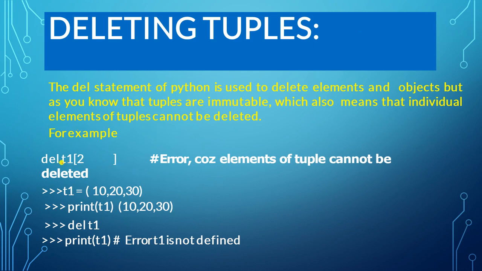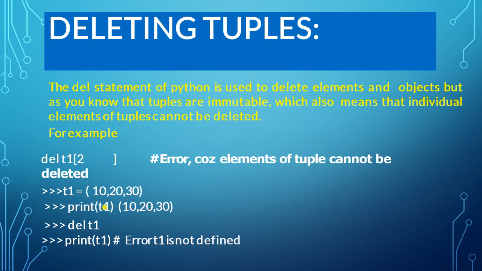For example, if you try to delete the element T1 at index 2, it will give you an error because the elements of a tuple cannot be deleted. Now T1 is equal to 10, 20, 30. If you print T1, it will give you the value 10, 20, 30. And now if you want to print the object T1 after deleting it, it will give you the error that T1 is not defined.